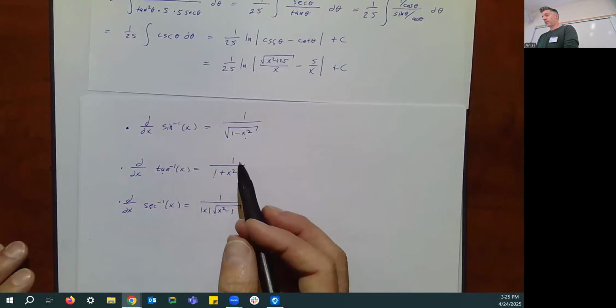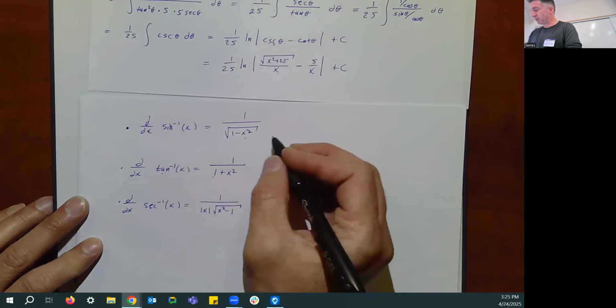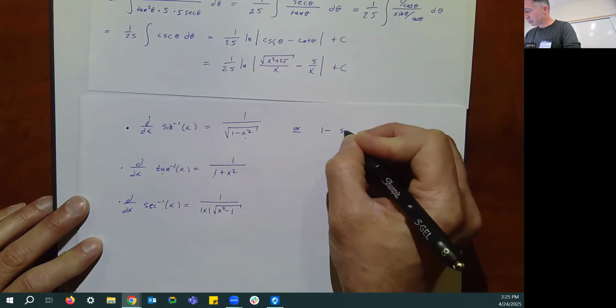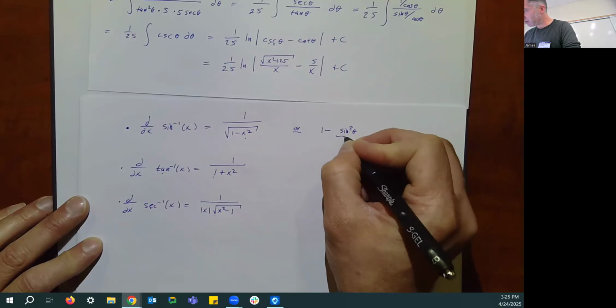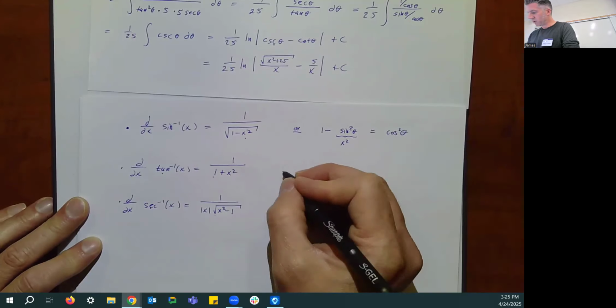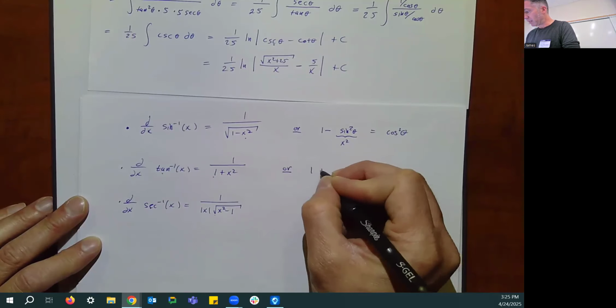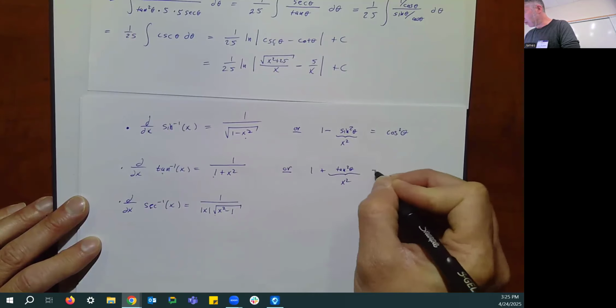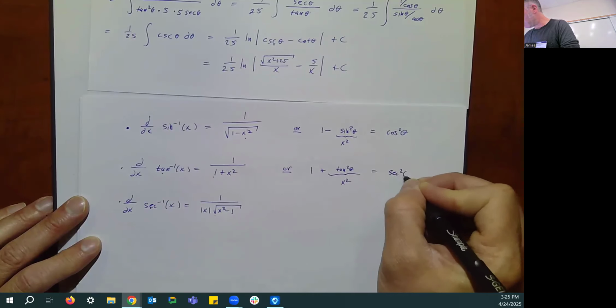Also, this is coming from the fact that 1 minus sine squared theta is equal to cosine squared theta. 1 plus tangent squared theta is equal to secant squared theta.